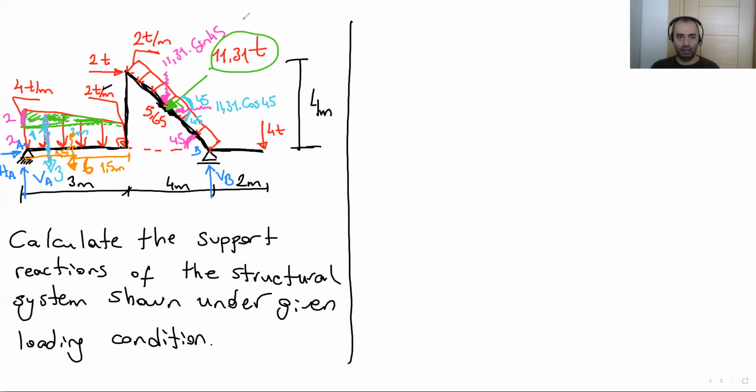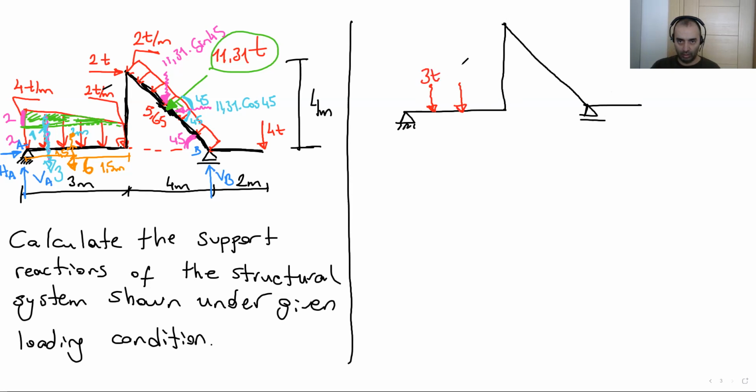Actually, to clear everything, I'm going to draw the system here again. When everything is on one sketch, you may not understand what we are doing. I'm going to put everything here now. What we have now: we have three here, we have six ton here.